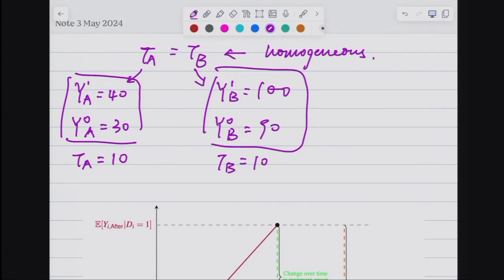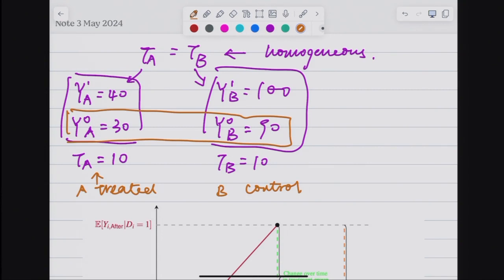And imagine that individual A is the one actually in the treatment group, and individual B is actually the one in the control group. So A is the one that's actually treated and B is control. Then the selection bias is about their untreated state outcome.